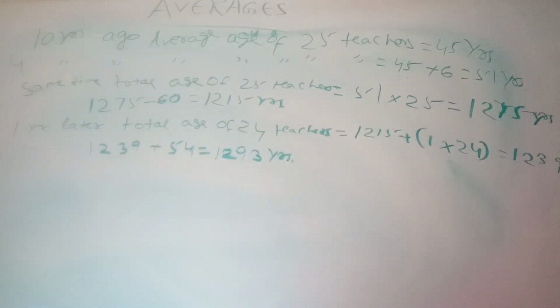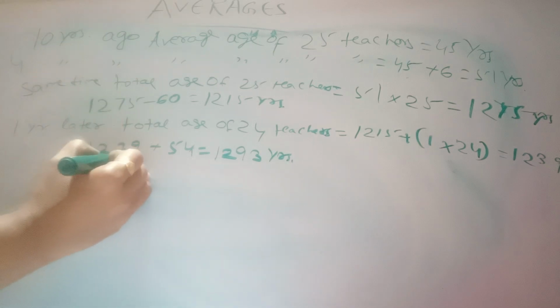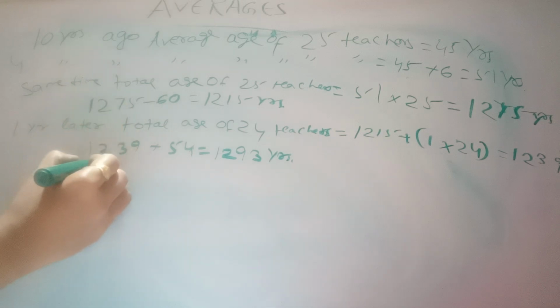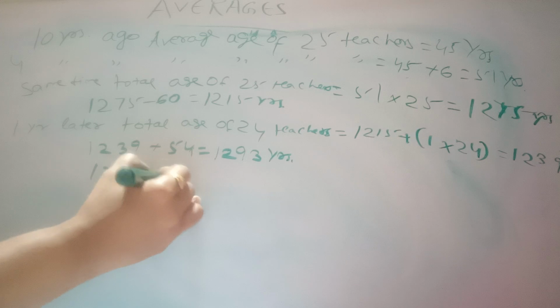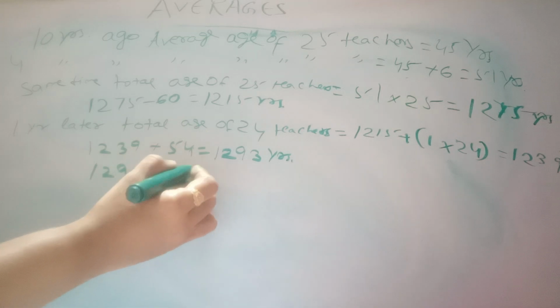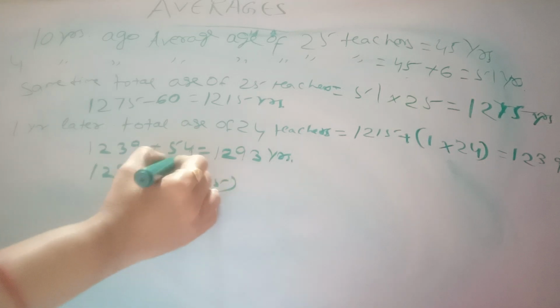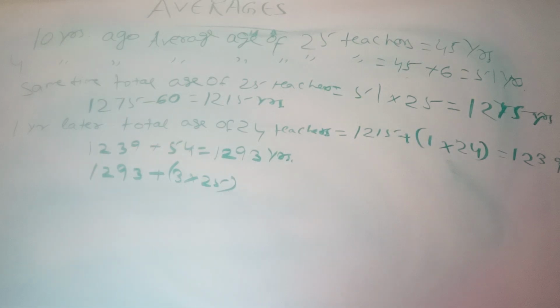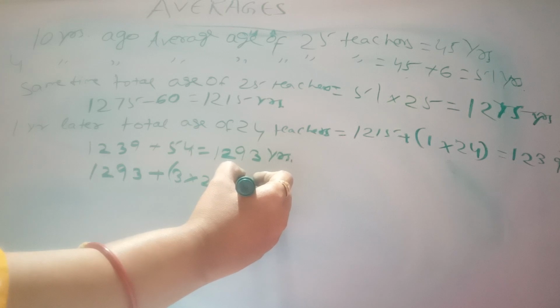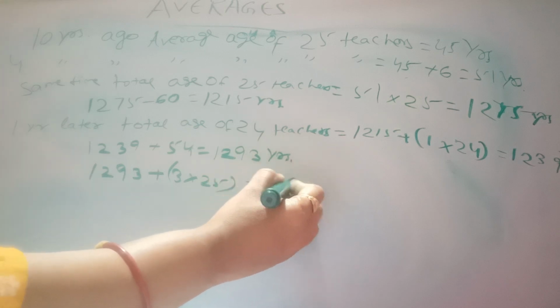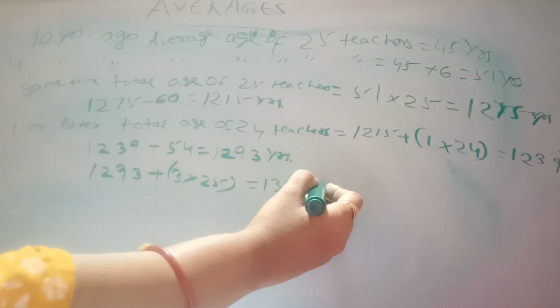Thus the present age of all the 25 teachers is 1293 plus 3 into 25. Okay. So equals to 1368 years.